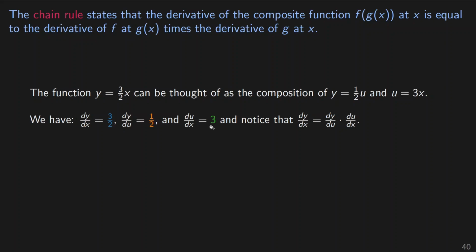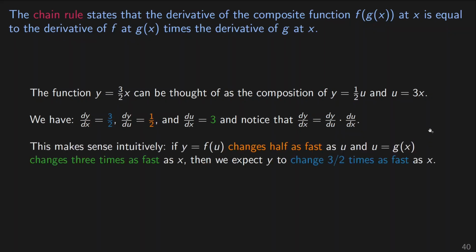And now we notice that, well, the derivative of y with respect to x is equal to the product of these two derivatives, right? 1 over 2 times 3 is equal to 3 over 2. So the overall derivative, y with respect to x, seems to be equal to the product of these two derivatives, of y with respect to u and u with respect to x.